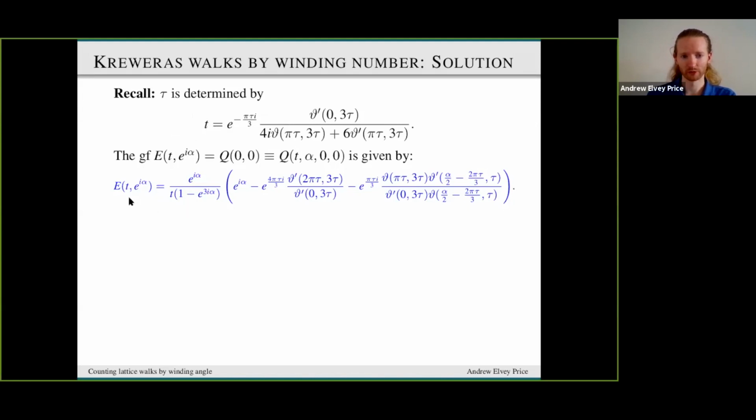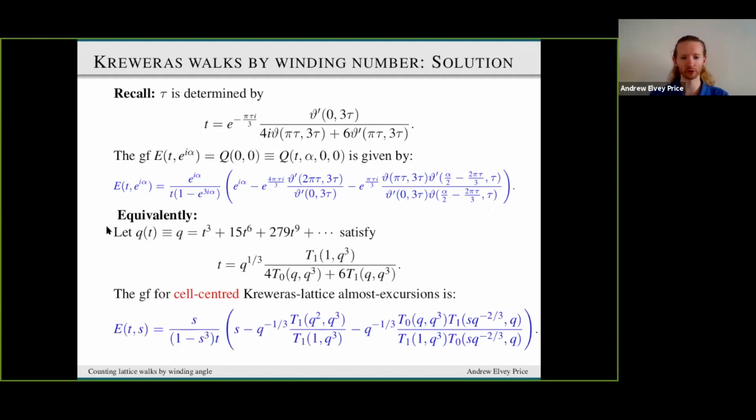So this ends up being a series in t and e to the i alpha. It's not totally obvious from this expression that it's a series in the two variables, and that's why it's nice to write everything in terms of these series t, k, which are related to the Jacobi theta function. And so this is the expression I showed near the start.